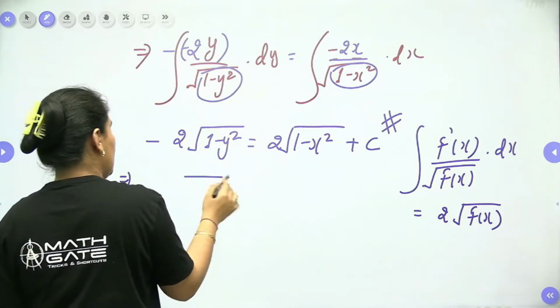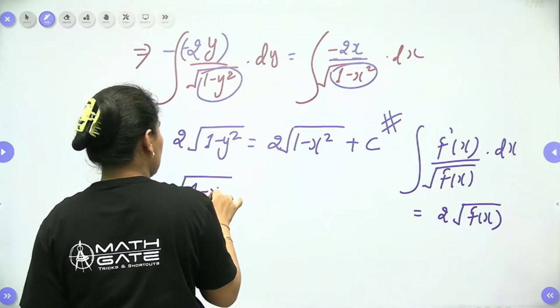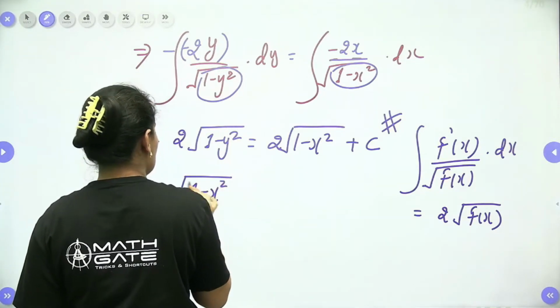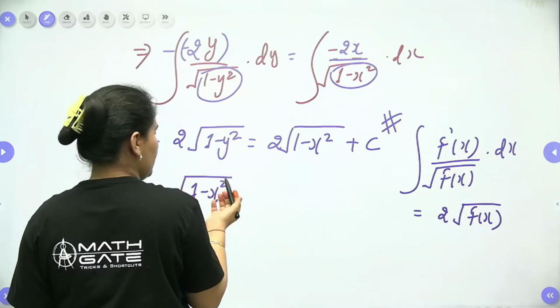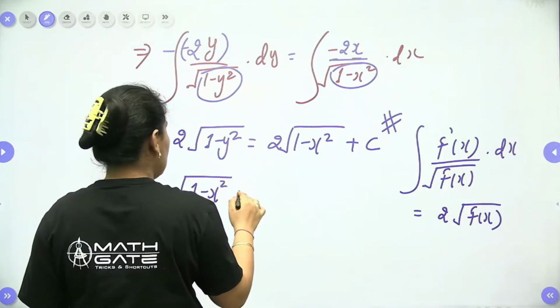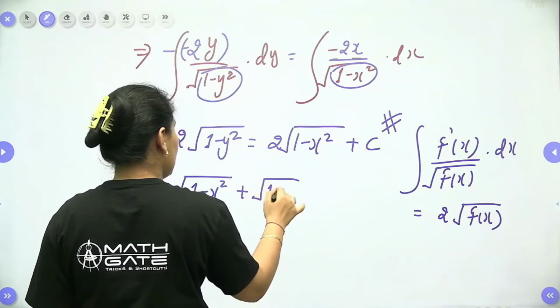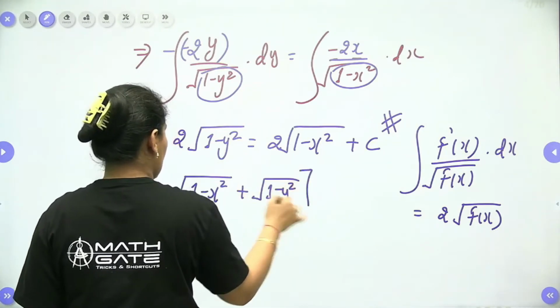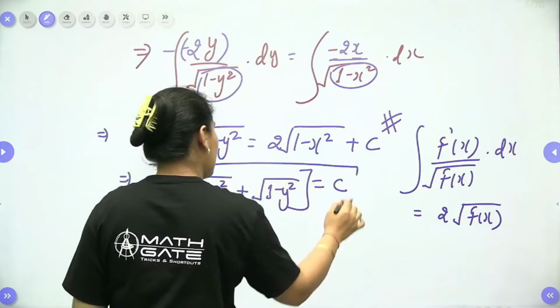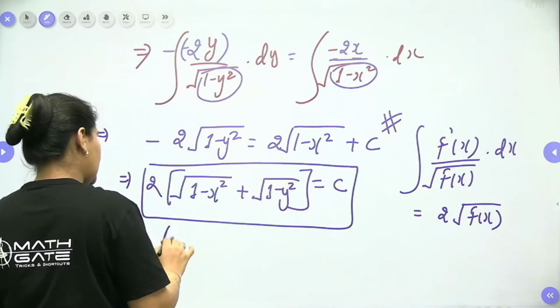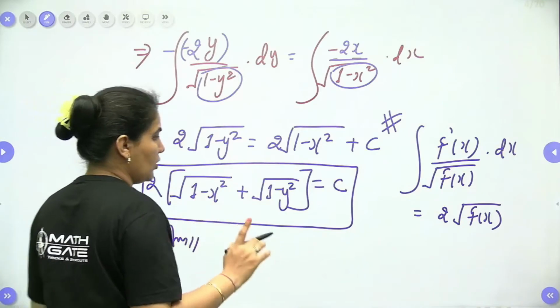Okay, so you can approach it. Let's take together 1 minus x square and 1 minus y square. If you want, you can take common 2, or if you want, you can cancel that out also. So root of 1 minus x square, then root of 1 minus y square, and it should be 2, and the result is c. Hence this will be my answer. Dear students, after that you can make changes according to the option.